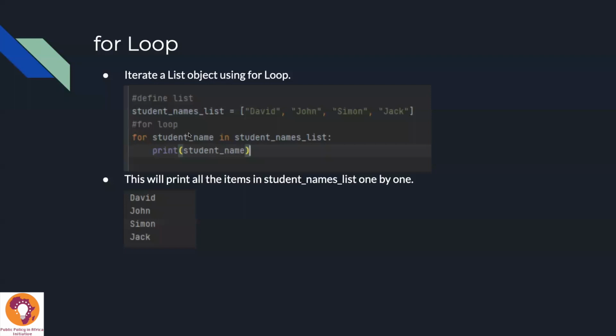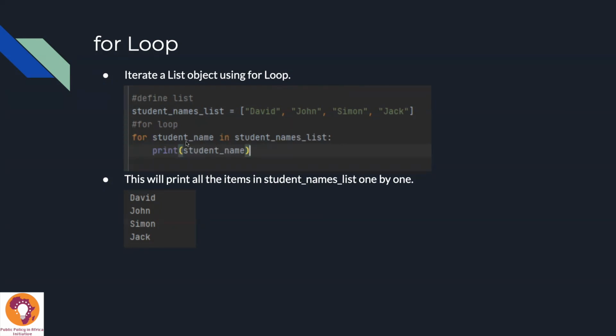So when we say for student name in student names list, then we can reference student name within the loop. And remember, just like with if statements and other conditionals, you want to have that tabbed underneath the for loop. So for student name in student names list, and then we have the colon at the end to end that for statement. And then within that for loop, we're just going to print out the student name.